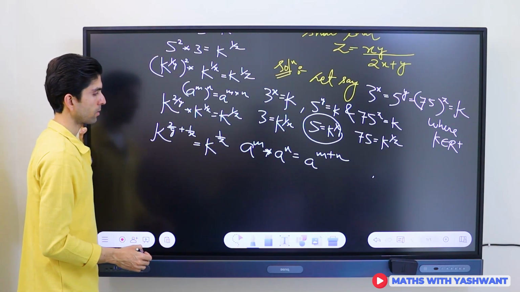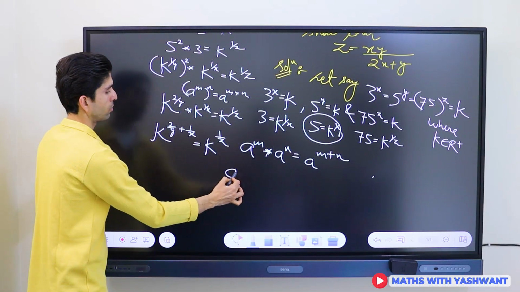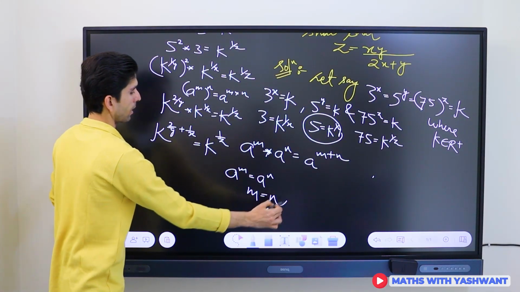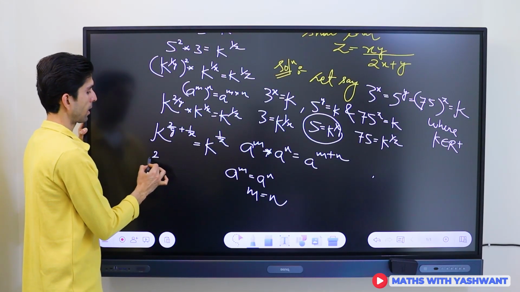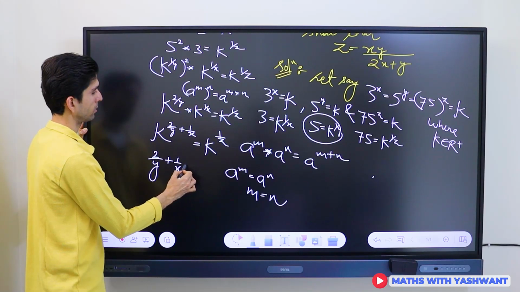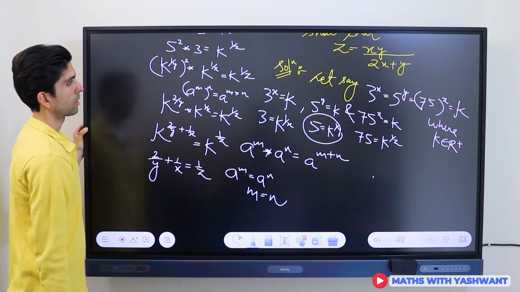Now, last and final step: a to the power m equals a to the power n says we can write m equals n. So we have 2 upon y plus 1 upon x equals 1 upon z.